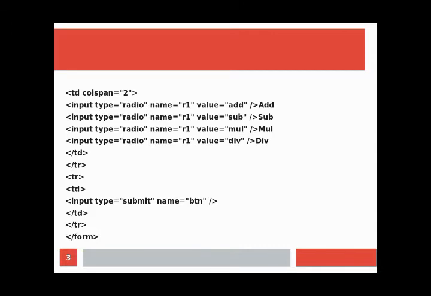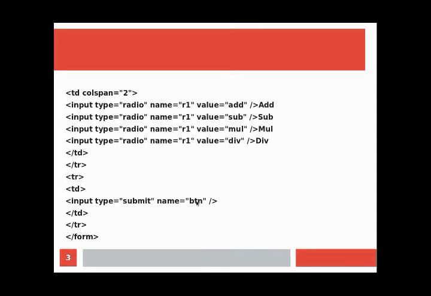Then close that td, close tr, then another tr, td, again for row and column, then input type equal to submit and name equal to btn, the button we have taken, that is submit. So here we create the button, close td, close tr, and close the form also.